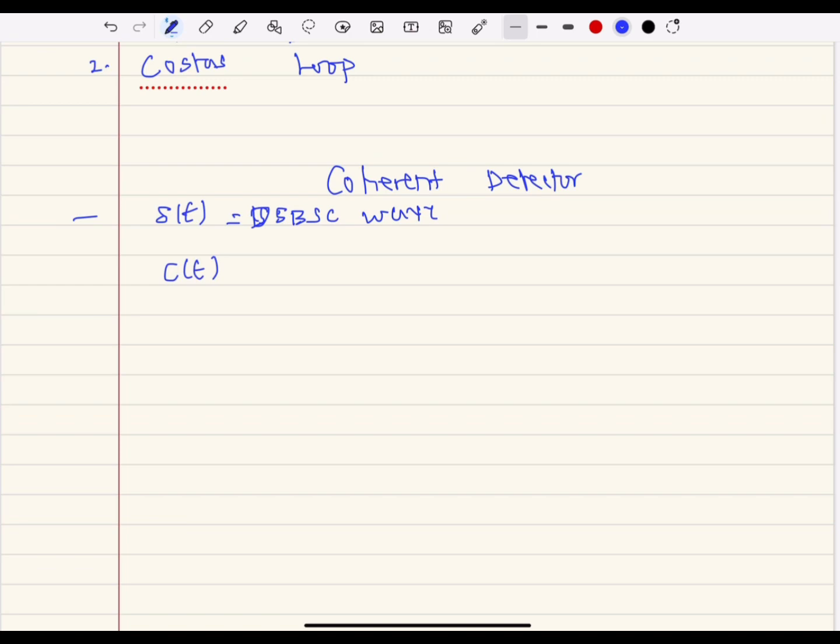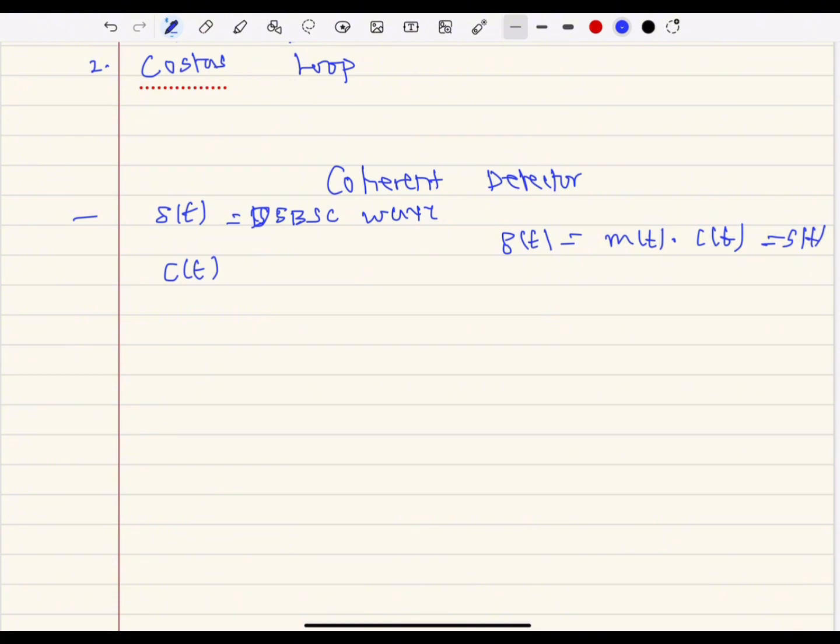Remember that the DSBSC wave was achieved by using a product modulator, because during the general equation discussion for DSBSC, we multiplied the message signal by the carrier signal and achieved our X of t for the DSBSC wave.